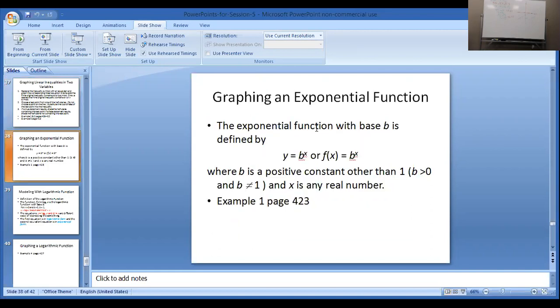We have exponentials. When you want to graph an exponential, you have y equal b to the power of x, or f of x equal b to the power of x. b is a positive constant, not equal to 1 and greater than 0. Again, an example for that would be page 423.